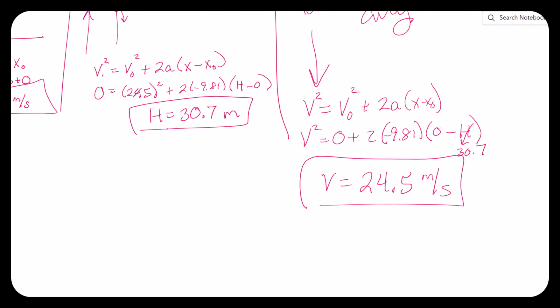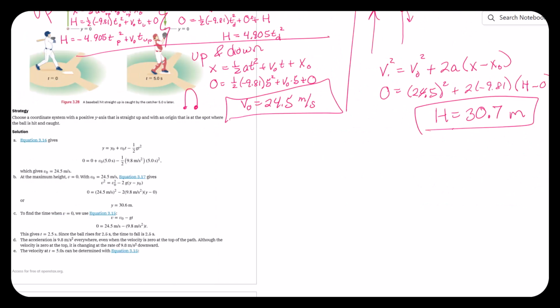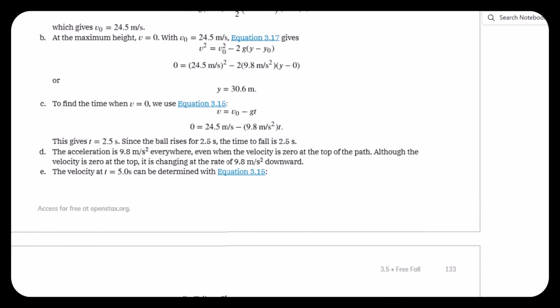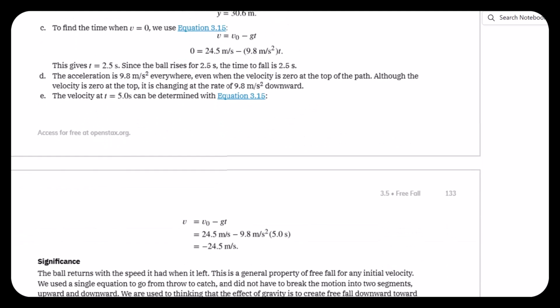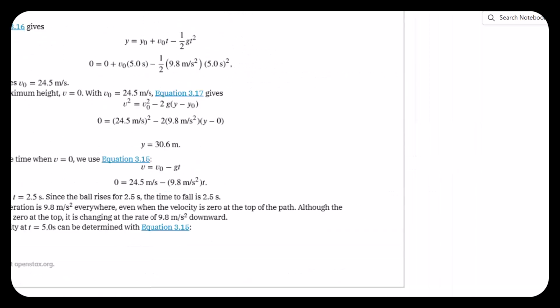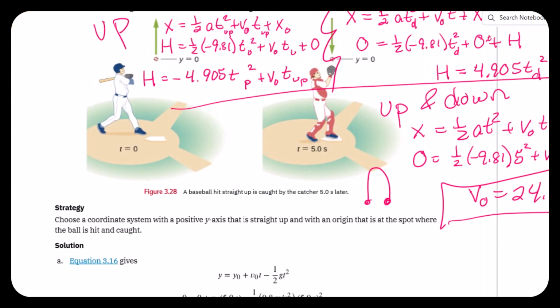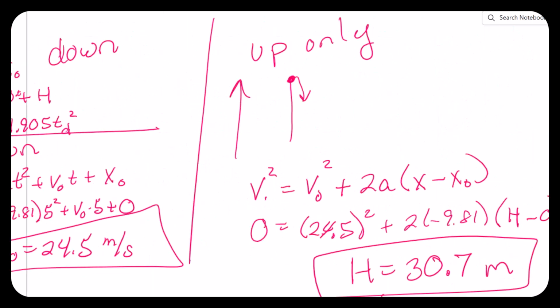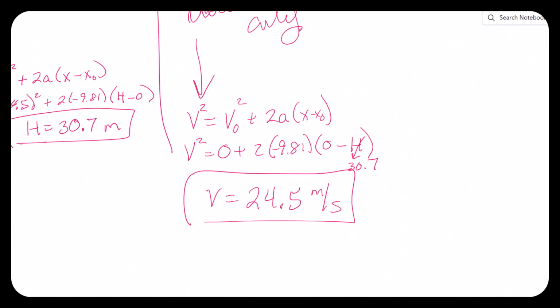So, okay, notice that I put that's the velocity. The book is listing it as having a negative velocity. And I think this is because this is physics and I'm thinking about this as an engineer, as the velocity of the ball is 24.5.